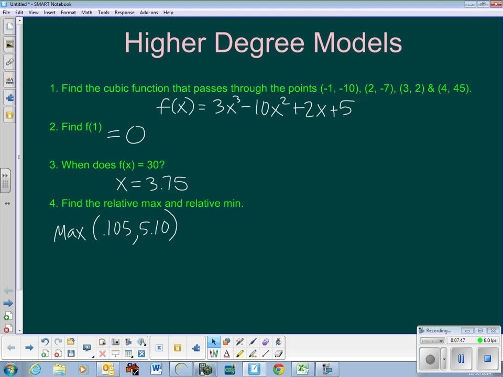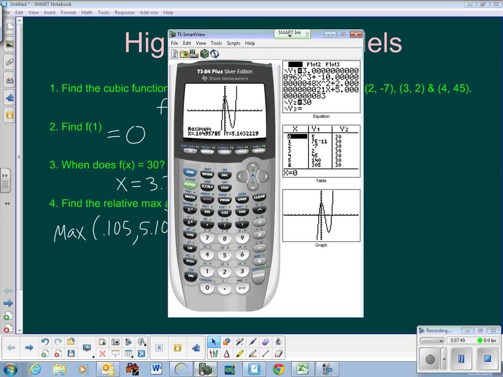So that minimum that I can see on my screen, another option to finding those, the left bound, just type in a number that you know is somewhere to the left. It looks to me like it's somewhere close to x equals 2. So I'm going to do left bound 1, right bound 3, guess 2, and see it's somewhere close.